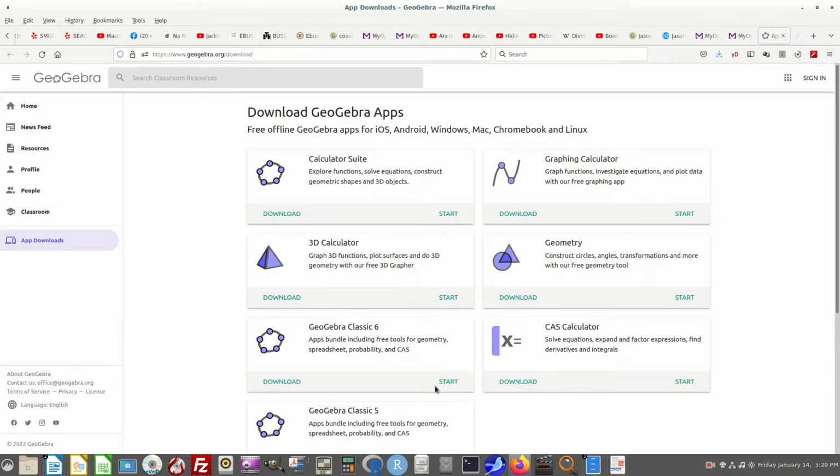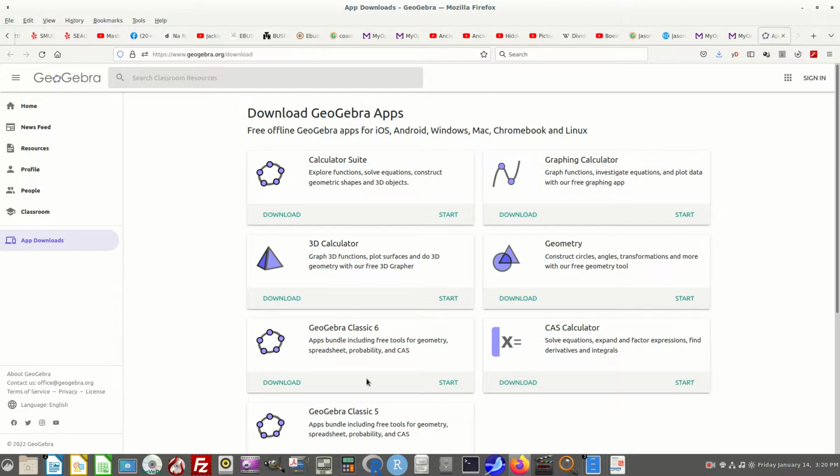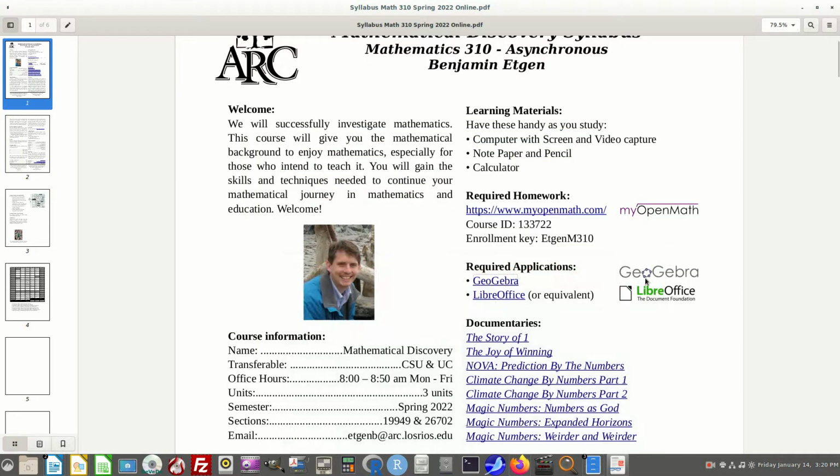I use the classic version, but I think 6 is just as good, either of these. There are GeoGebra versions for Mac, for IBM, and for Linux. I use Linux. I'll also be using a writer suite of software. I use LibreOffice, but any equivalent is fine with me.